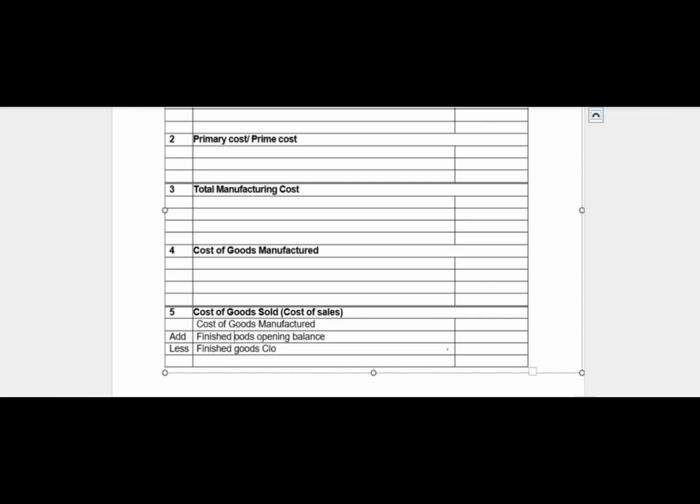Let me just keep consistent on this one: finished goods opening balance, and then finished goods closing balance. So this is the formula to calculate cost of goods sold. You have to say cost of goods manufactured, you add the cost of finished goods opening balance, and then you less finished goods closing balance, right?